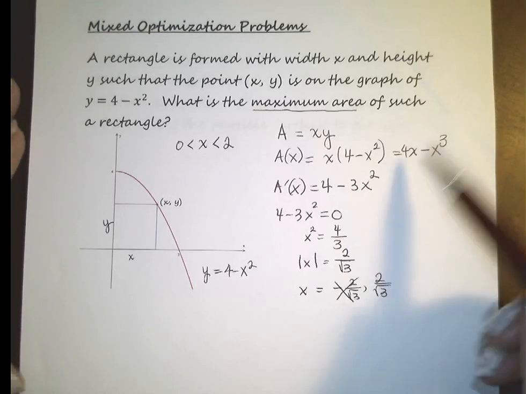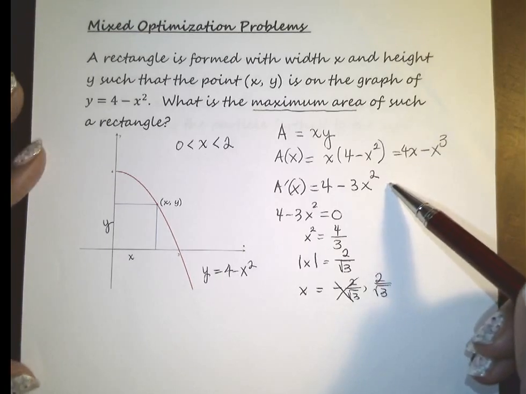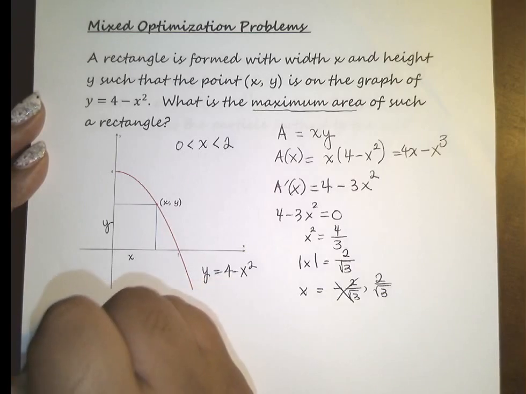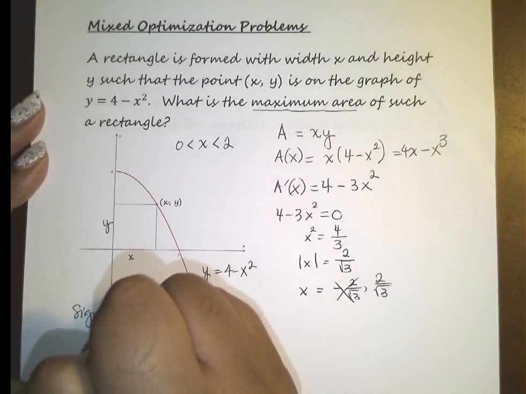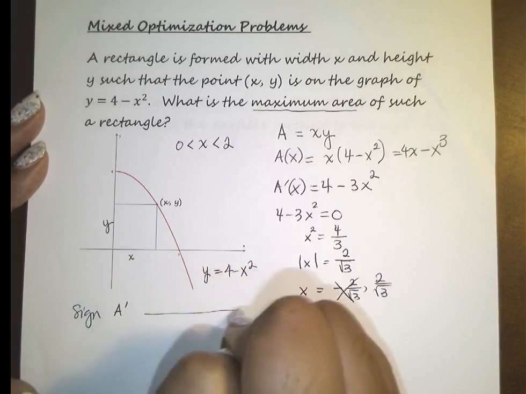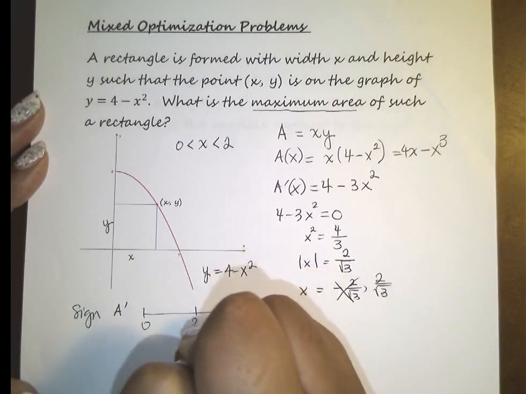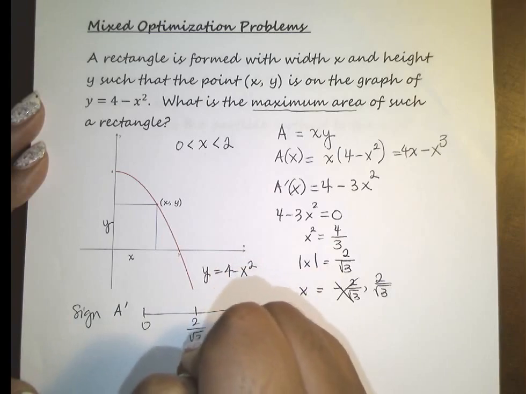Note, this polynomial is never undefined, so I never have to check for that type of critical point when I'm checking for my max or my min. So I'm going to look at the sign of the first derivative between 0 and 2. Now 2 divided by the square root of 3 is somewhere between 0 and 2.